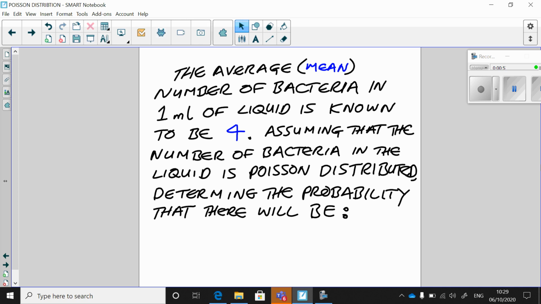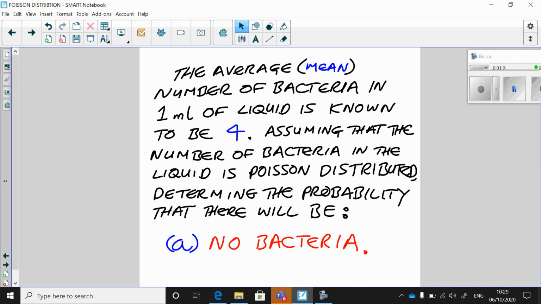They're also saying that they believe the bacteria is Poisson distributed, if it's a Poisson model. So they want you to determine the probability that there will be no bacteria in the 1 milliliter of liquid.